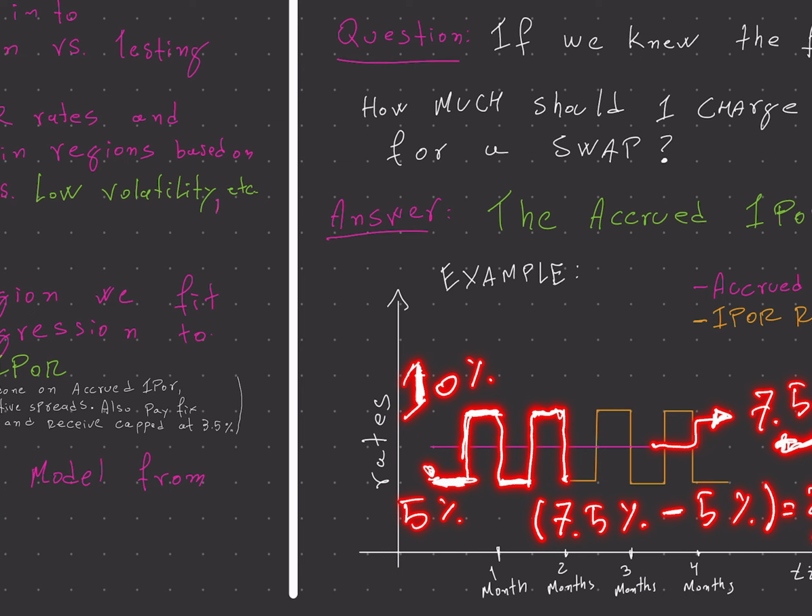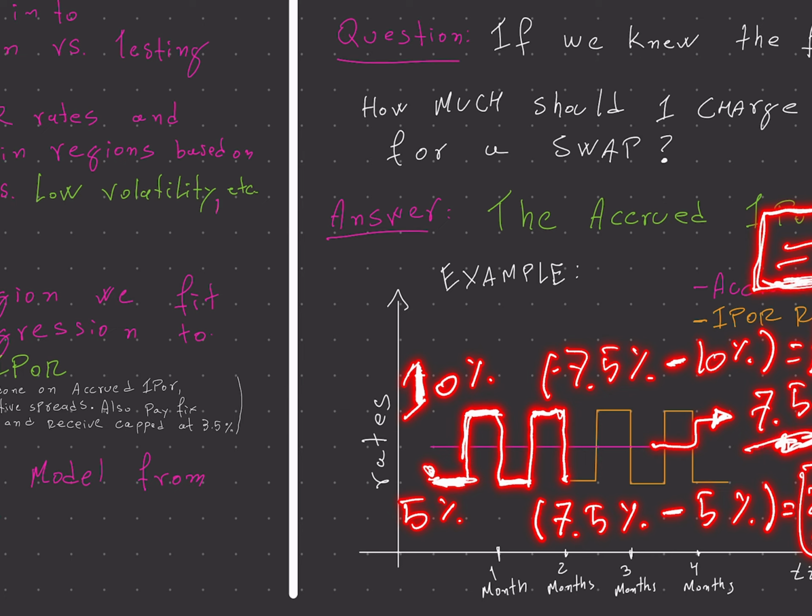For the last 2 weeks of the contract, it would be 7.5% minus 10%, which would be minus 2.5%. When we put these values together, it's very easy to see that it's equal to 0. So the payoff of this contract, charged at accrued IPOR, would be 0.